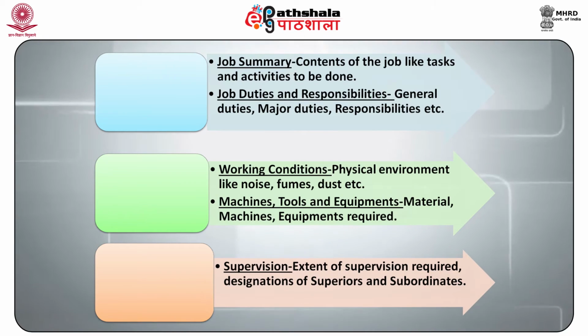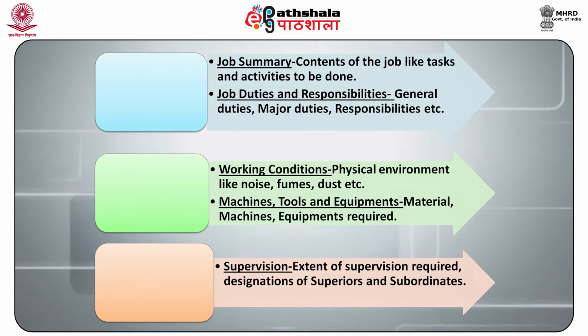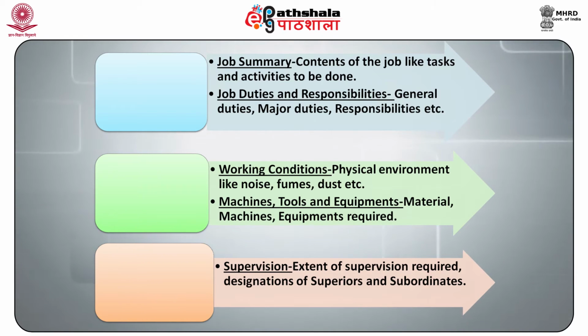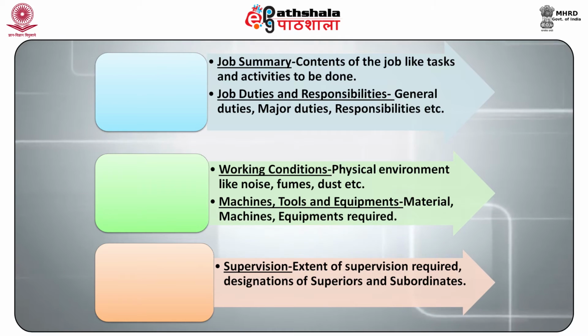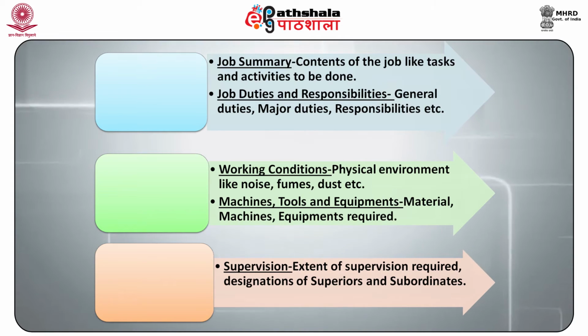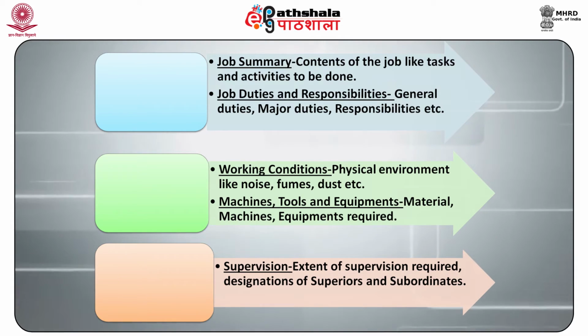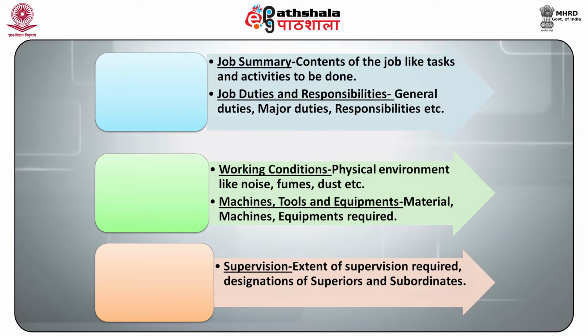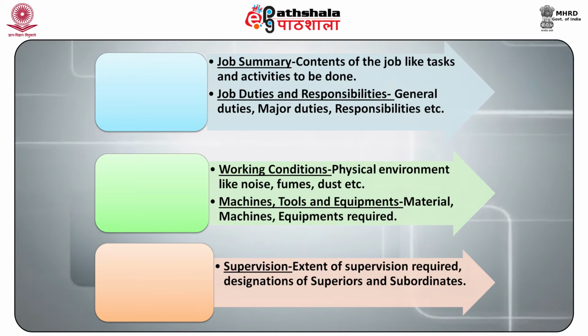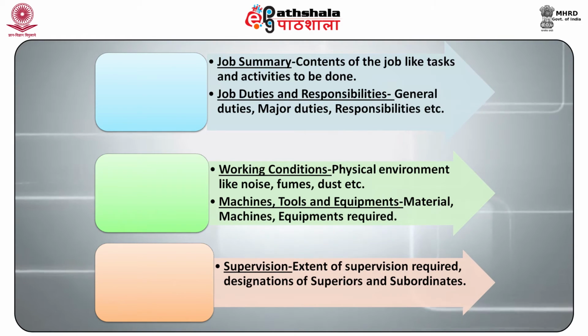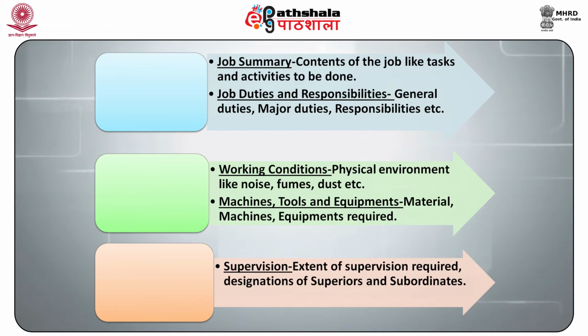The second is job summary: contents of the job like tasks and activities to be done. Third, job duties and responsibilities: general duties, major duties, responsibilities, etc. The fourth, working conditions: physical environment like noise, fumes, dust, etc. The fifth, machines, tools and equipment like material, machines, equipment required.